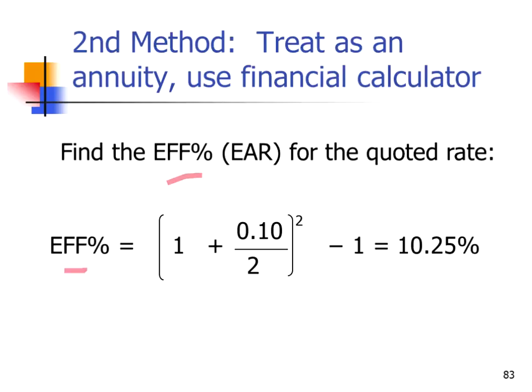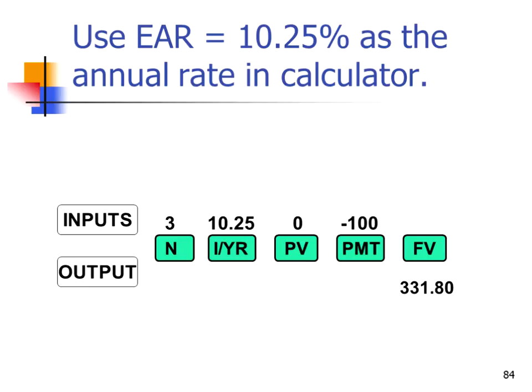Second method is to treat it as an annuity and use a financial calculator. Again, what you can do is calculate the effective rate. So what is the effective rate for 10%, which is compounded semi-annually? You can use the effect formula again, and the answer is going to be 10.25. And then you can use 10.25 in the calculator as your I/Y.